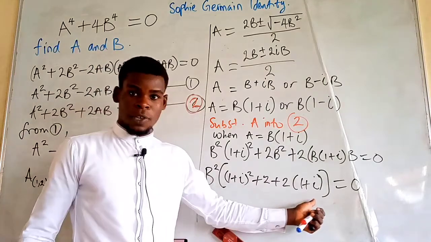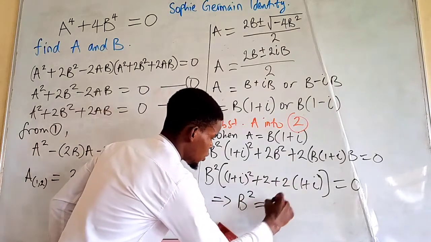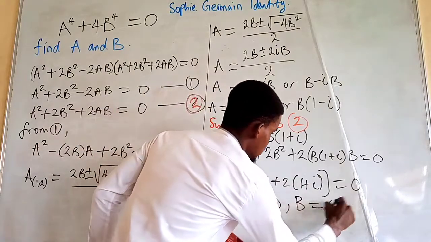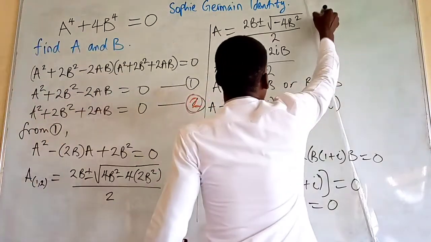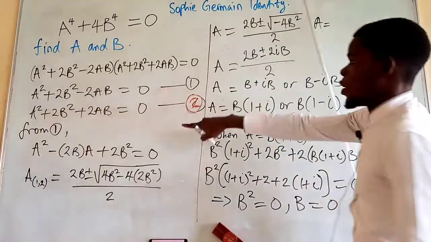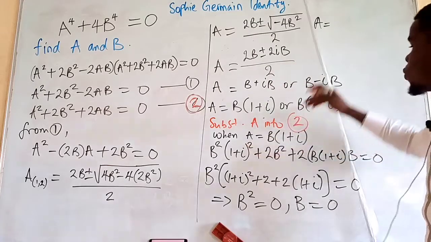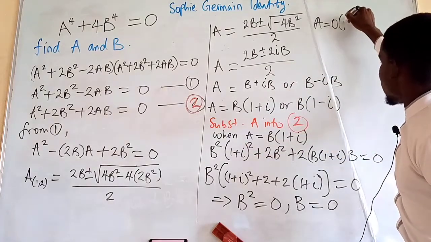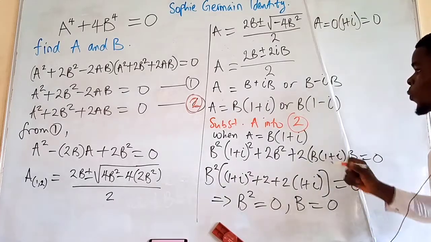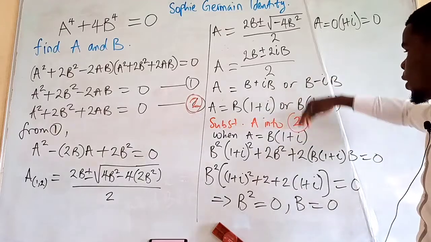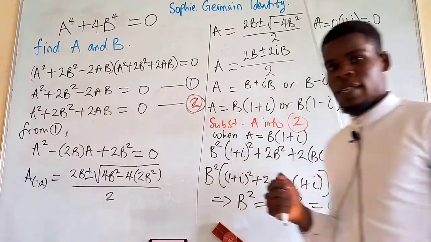But the second term here are just constants, and it is not 0. That implies that b squared is equal to 0, which means that b is 0. So if b is 0, then a will be equal to 0 times whatever the case, which is just 0. So for a being b times 1 plus I, when b is 0, a is just going to be 0.